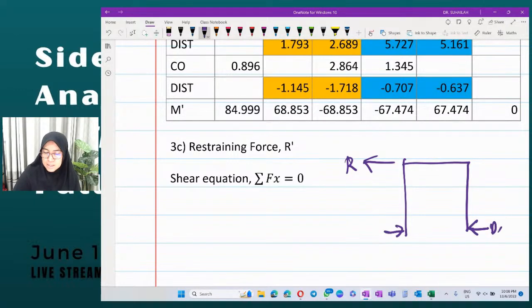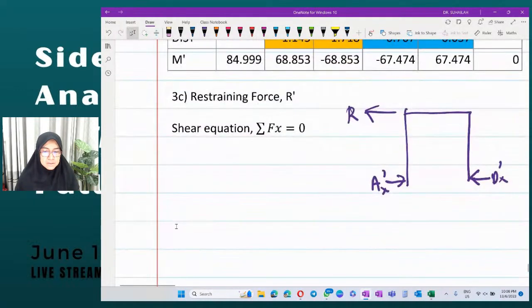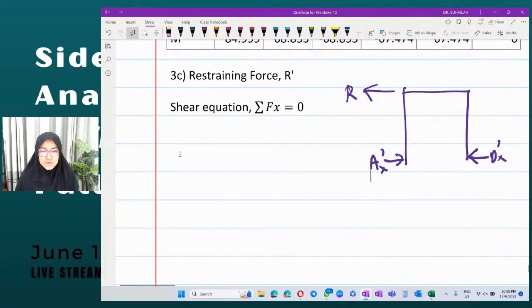This is DX prime, this is AX prime. The shear equation we get from this diagram. We just focus on the horizontal forces, which we get from R, AX prime and DX prime.